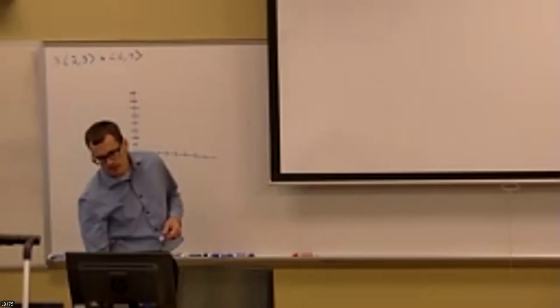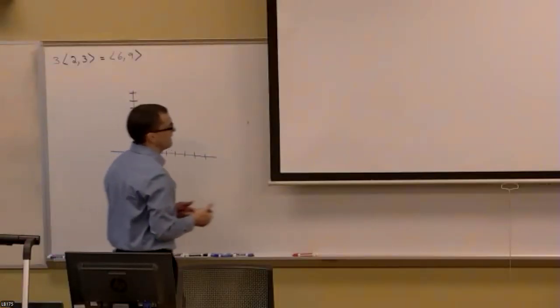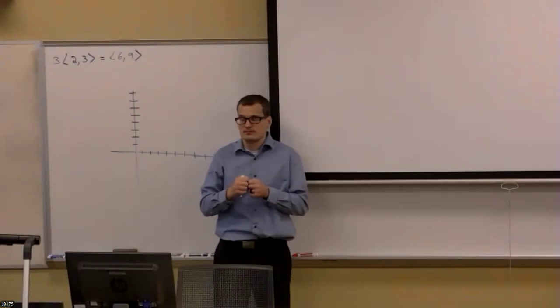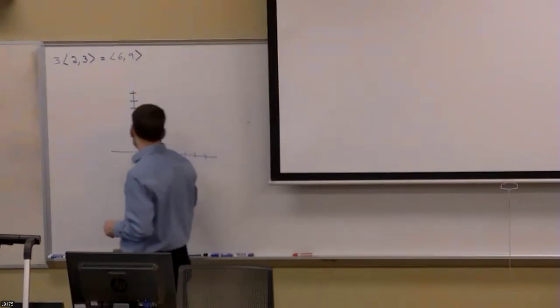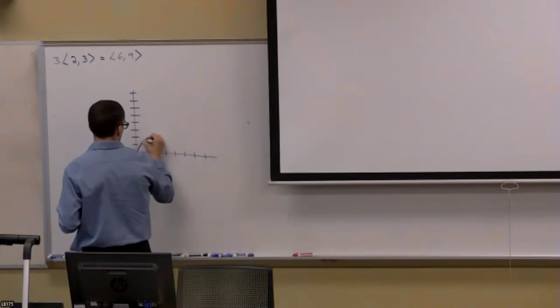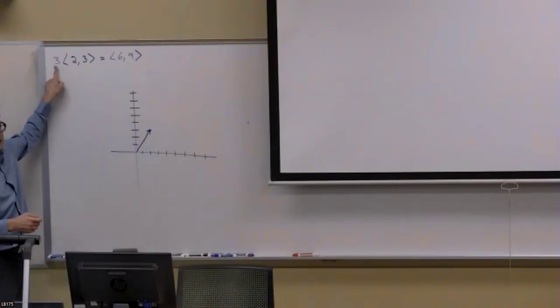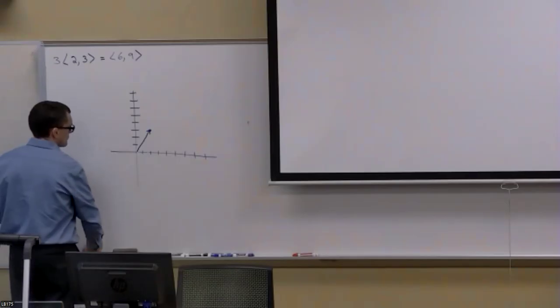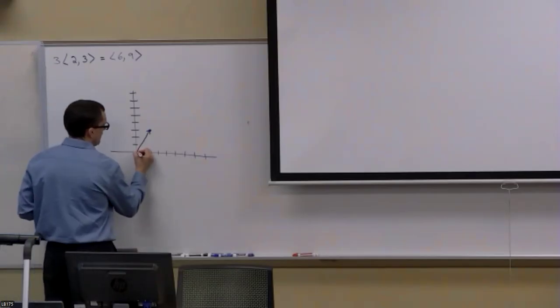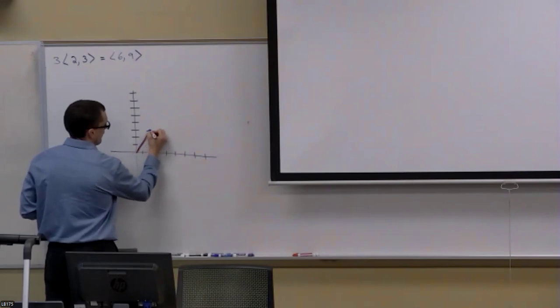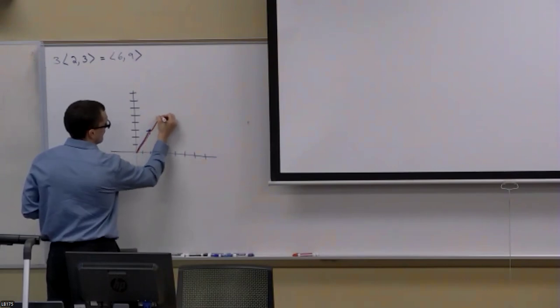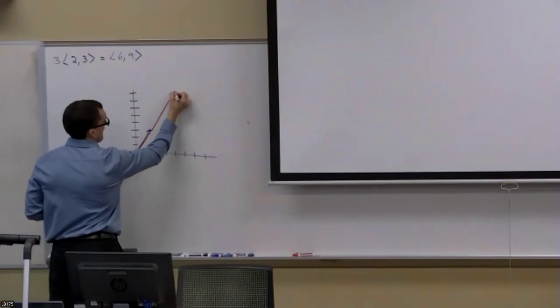Geometrically, what's going on there is that you're just taking your vector 2, 3, which used to be right here, and you're stretching it out by a factor of 3. So you're stretching it out, and now you're going to do that once, do that twice, do that 3 times, back to back.